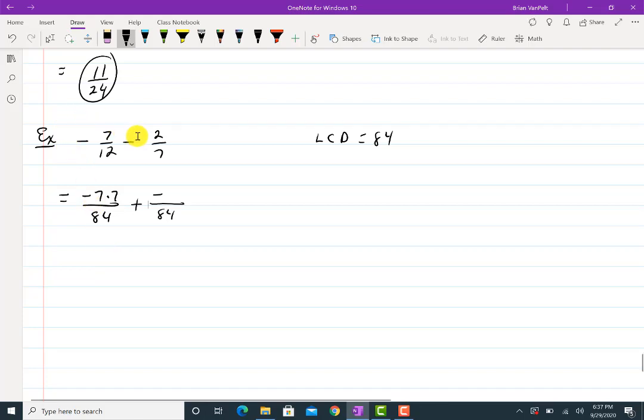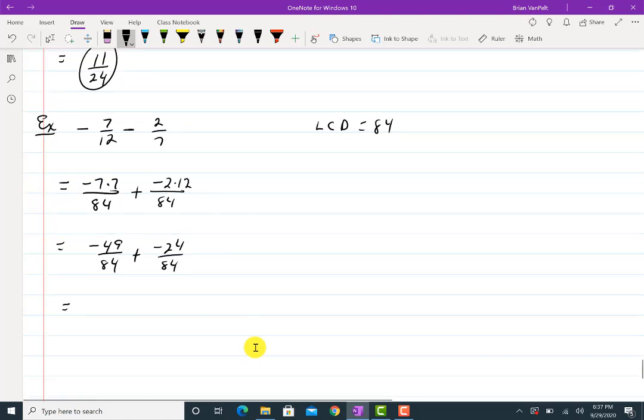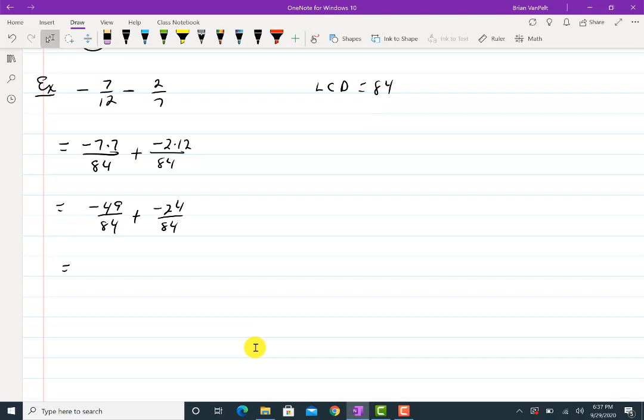Similarly, I'm going to sneak the negative up into the numerator of the second fraction. 7 goes into 84 12 times, so I had to multiply 7 by 12, so I'm going to multiply that 2 also by 12. So I have negative 49 over 84 plus negative 24 over 84. Negative 49 plus negative 24, I believe, is negative 73. And we're done.